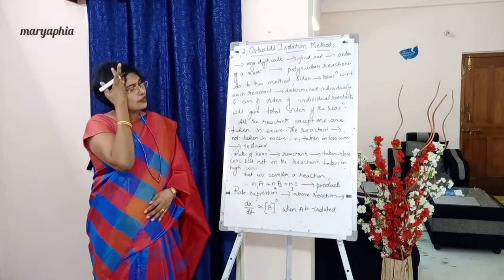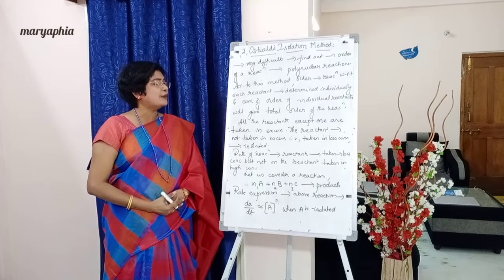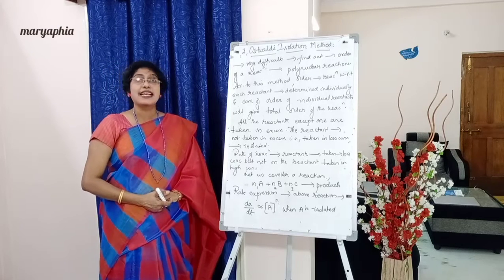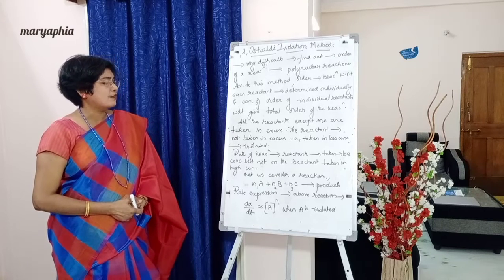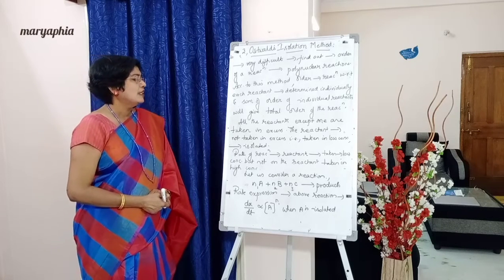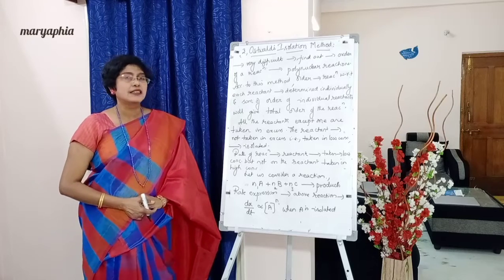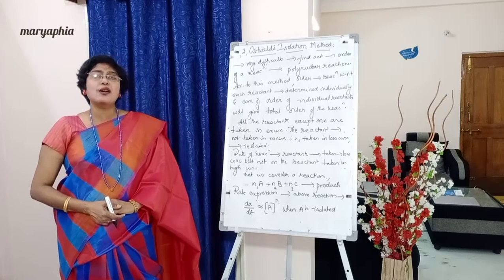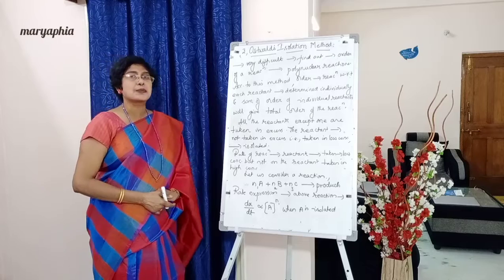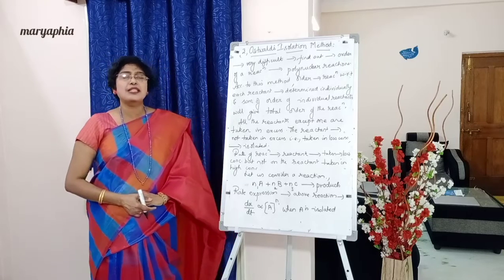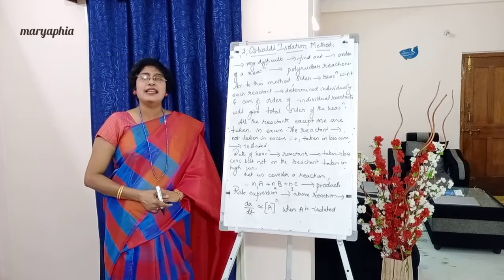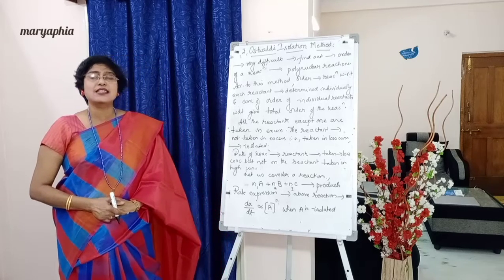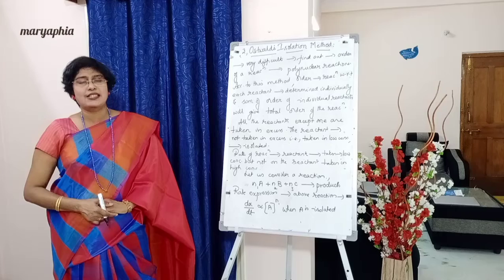Okay, so write down. All the reactants except one are taken in excess. Full stop. The reactant which is not taken in excess, that is, taken in smaller concentration, is said to be isolated.